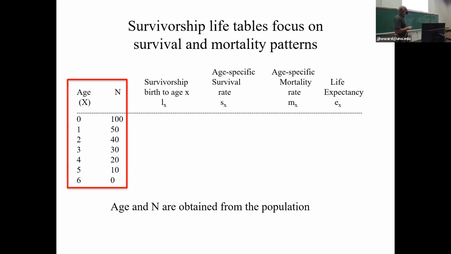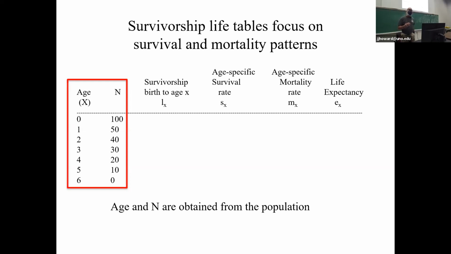If you look at the N column, notice that N starts out large and it drops progressively. And you never get more individuals in a later age class than you had in an earlier age class. This is a really good example of why we like dynamic tables. It makes this much easier to work with.